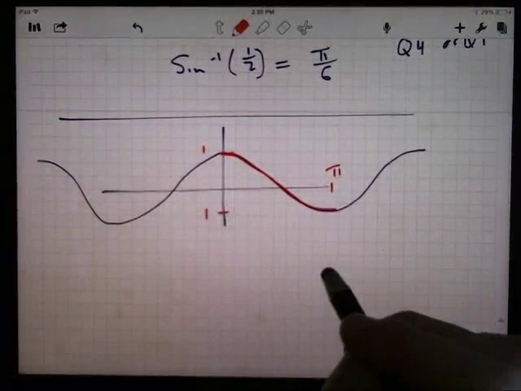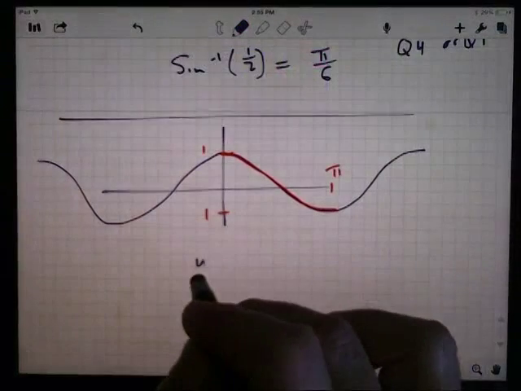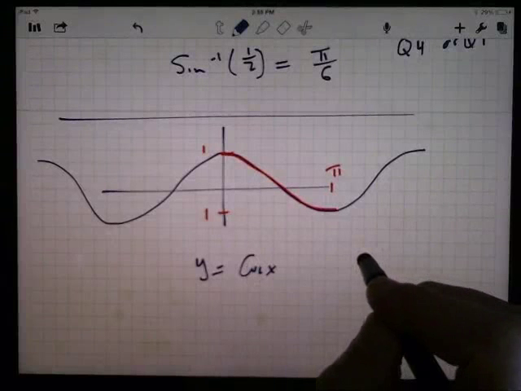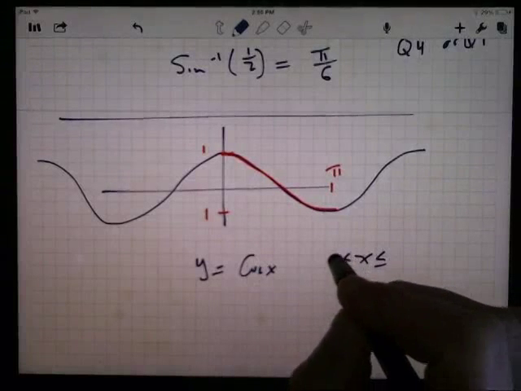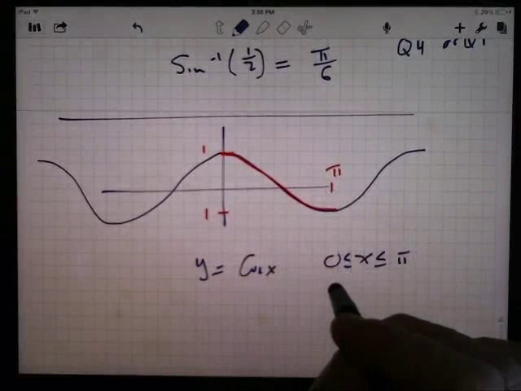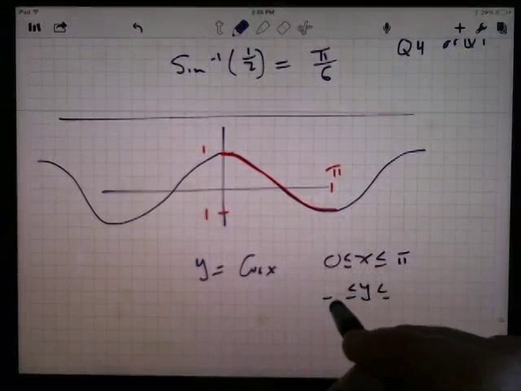So right here I've got, let's see in blue, y equals cosine x. The x values I'm going to restrict from 0 to pi. Notice that's first or second quadrant angles. And the y values, the outputs here, are between minus 1 and 1.